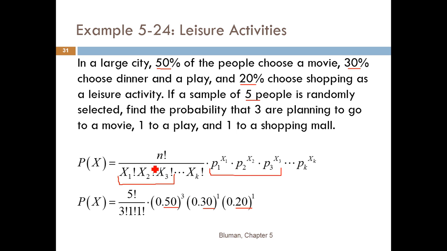The x sub 1, notice how these are the exact same numbers, so 3 is right here. X sub 2 is the same as it was right here, so that's 1, and x sub 3 is also 1. Do those calculations, and you end up with a 15% chance that out of 5 people, 3 of them are going to a movie, 1 of them is going to a play, and 1 of them is going to the mall.